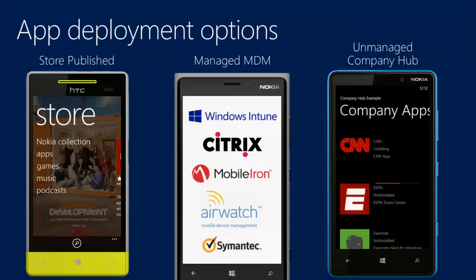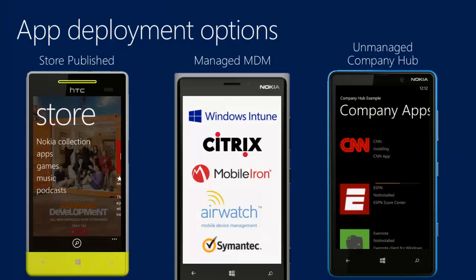The second option is managed MDM. For this, you can utilize any of these services here, and then there's several others that are not listed. I apologize if you work for a company that's not listed. But basically with this, it's direct managed. So it'll utilize EAS plus whatever MDM solution you're using.